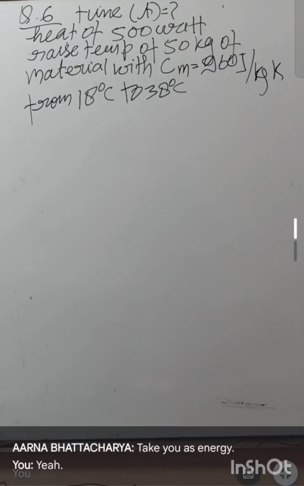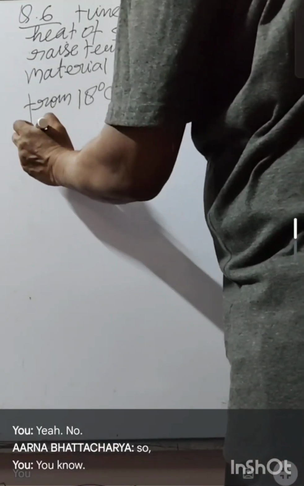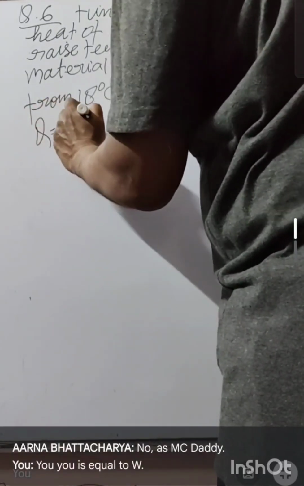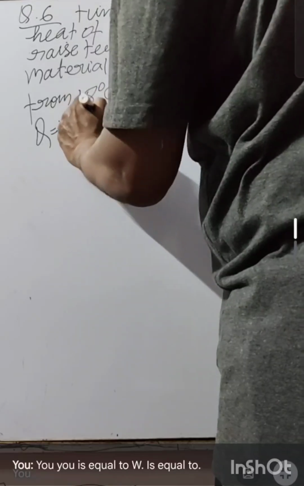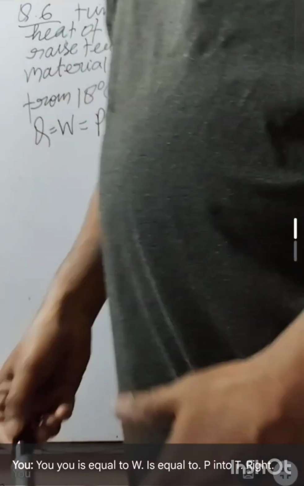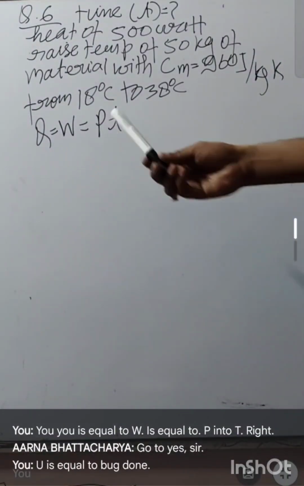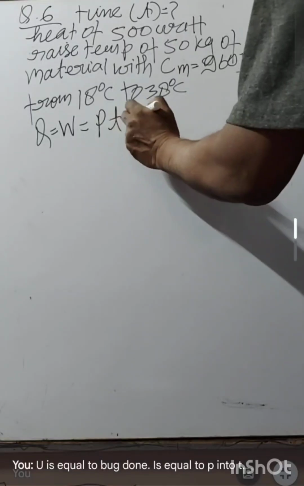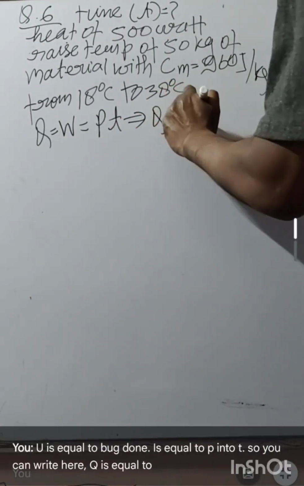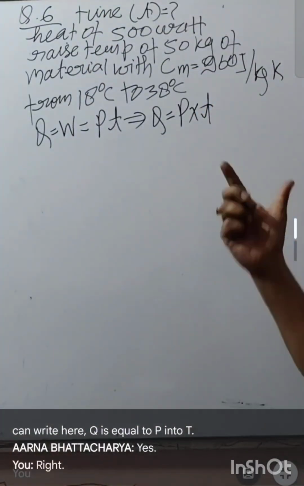Q is equal to W is equal to P into T, work done is equal to P into T. So you can write here Q is equal to P into T. Now change the sides.